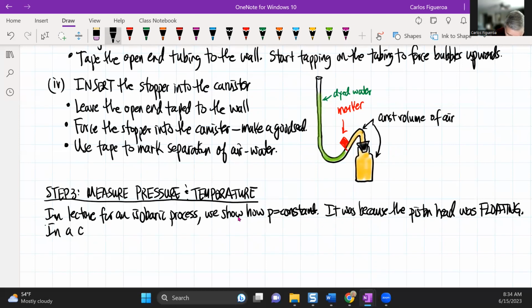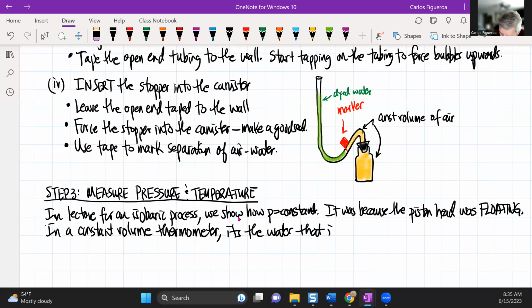In a constant volume thermometer, it's the water that is floating above the air.